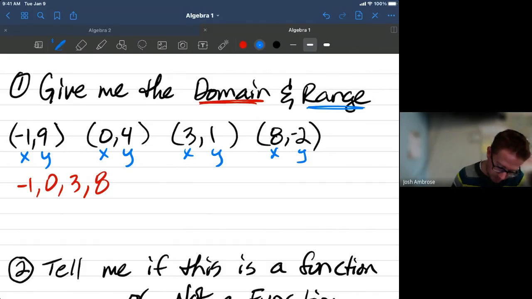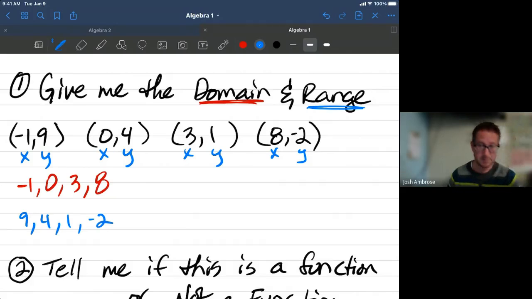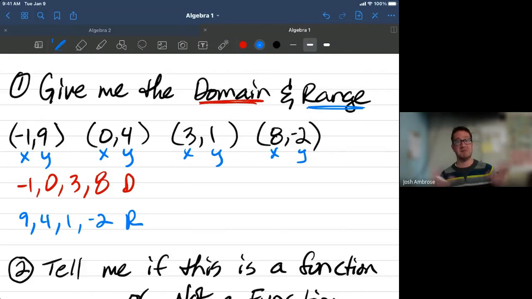Now in blue, we're going to give all of the range values, 9, 4, 1, and -2. That's all we have to do here, okay? So these are all the domain values. Down here, these are all the range values. That's it, simply enough. We can move on.